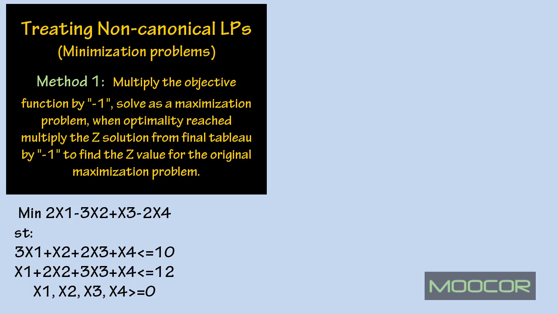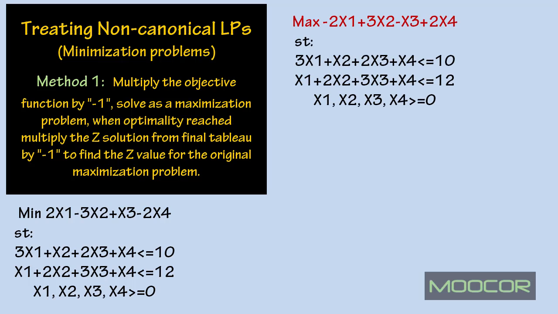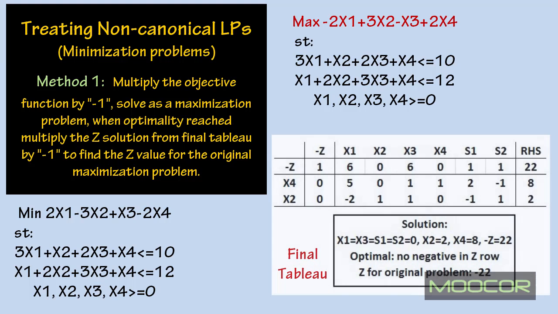Here is an example. A minimization problem, 4 variables, 2 constraints, all variables greater than or equal to 0. I have multiplied the objective function by a negative sign, and I have converted the problem into a maximization problem.